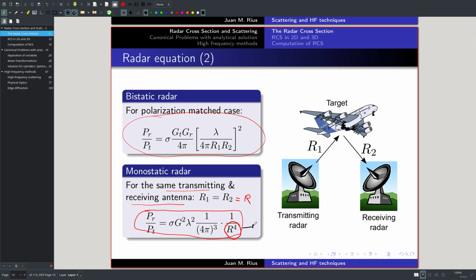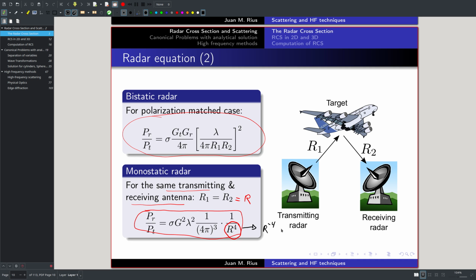And this is very important. This proportionality with r to minus 4 is very important, because this means that when we double the distance between the radar and the target, we get 16 times less power, which is a lot, and this makes difficult the detection of radar targets that are very far away from the radar.